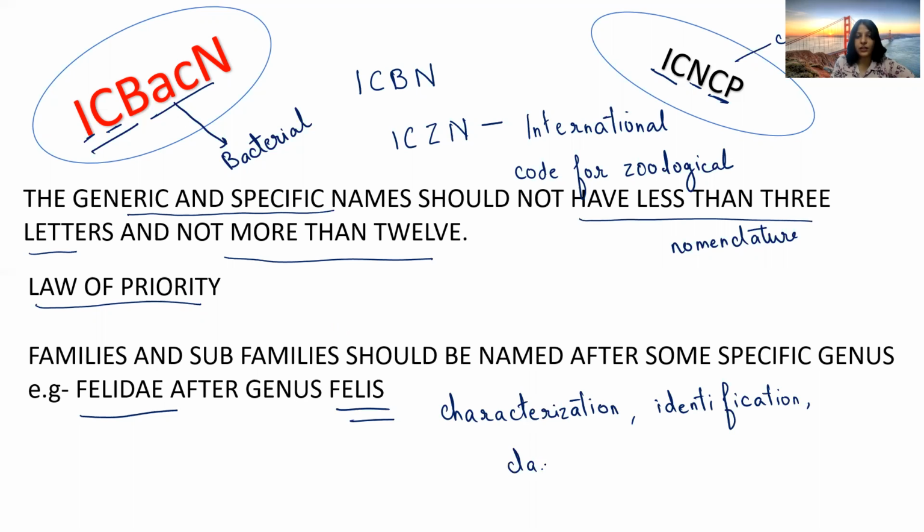Then we do classification. Based on our identification, we put the organism into slots or categories. And then we do nomenclature, naming. So these are the steps of taxonomy.